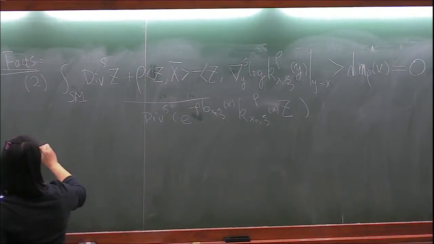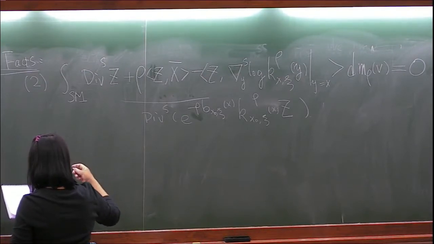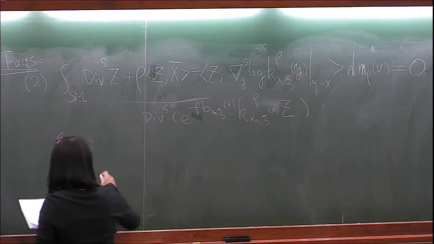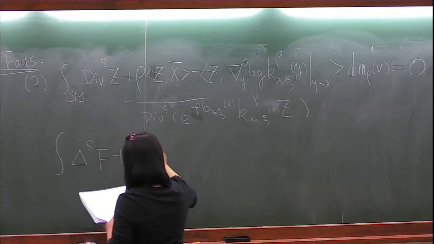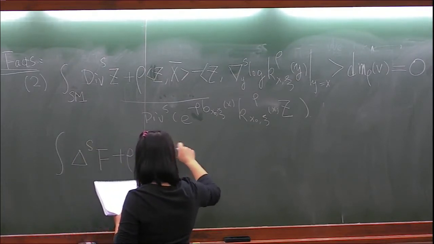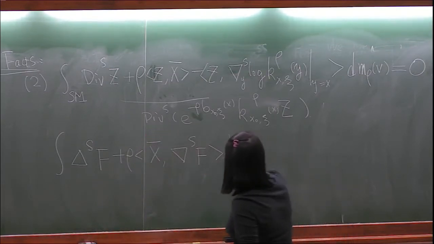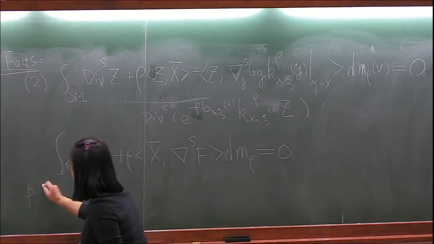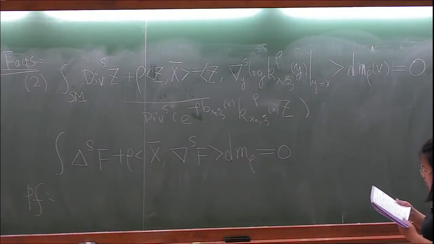And the second thing is also similar to what we had before. Now we really want to show this Laplacian applied to f plus rho times x bar gradient f. We want to show this. So how do you prove that?